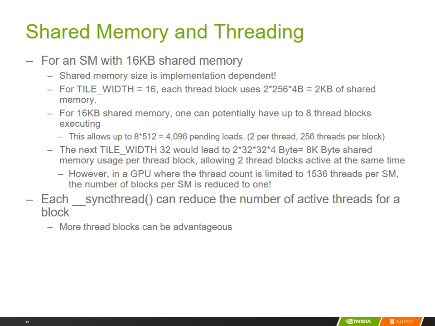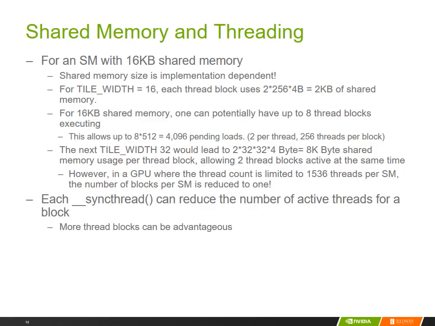With 16 KB, we should be able to accommodate 2 thread blocks. Unfortunately, in most of the current generation streaming multiprocessors, there's a thread count limit of 1,536 threads. So this will limit the number of thread blocks to 1, since having 2 thread blocks will require 2,048 threads, which exceeds the thread count limitation.